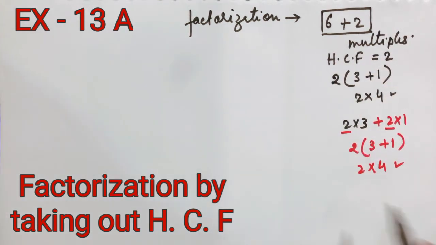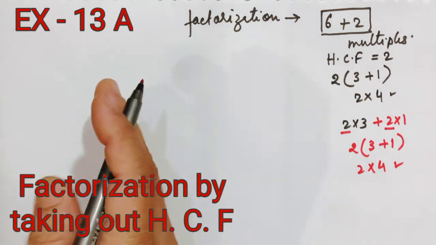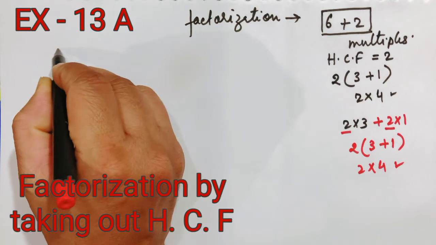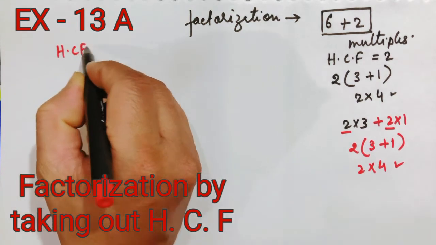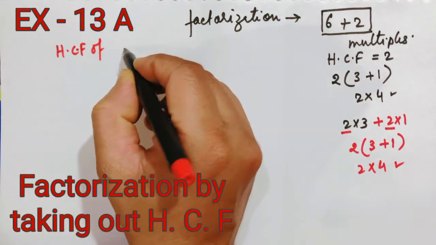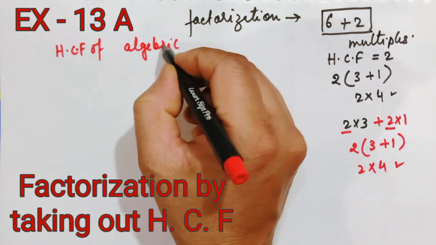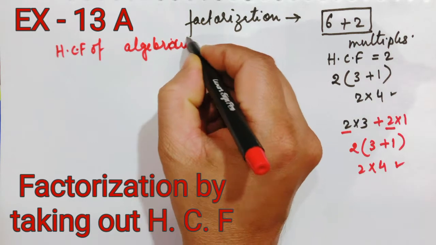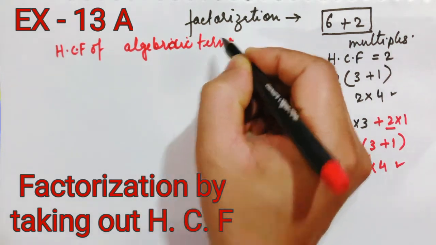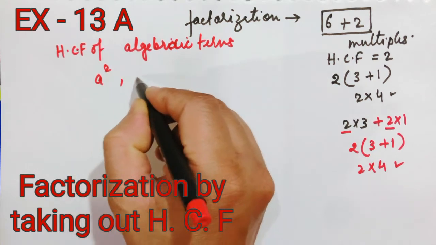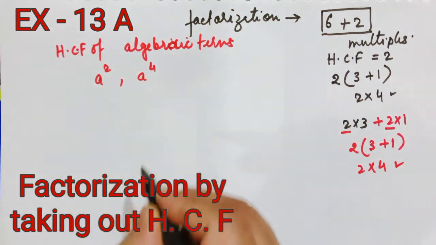Now let's start. Before starting again, we should also learn how to find out the HCF of algebraic terms. For example, you are given a square, a to the power 4 over here.